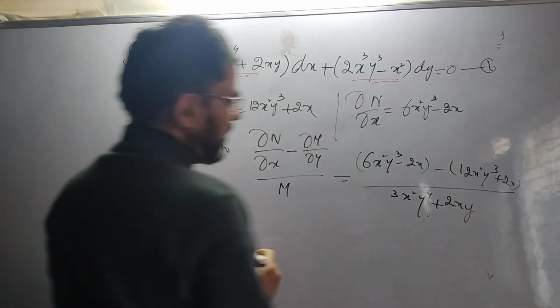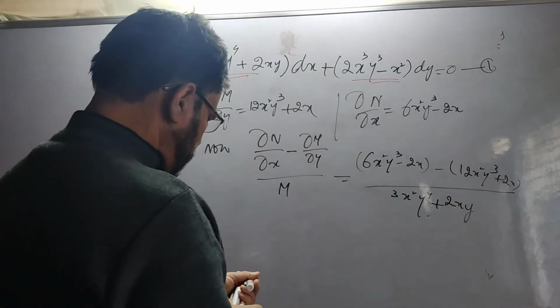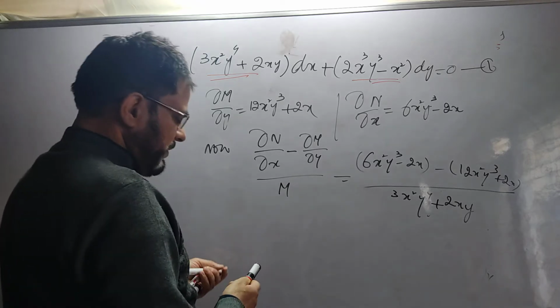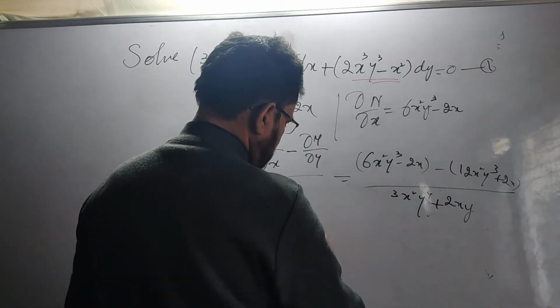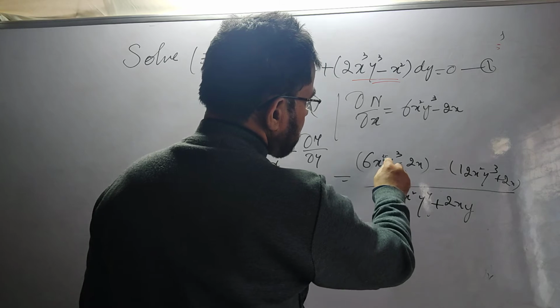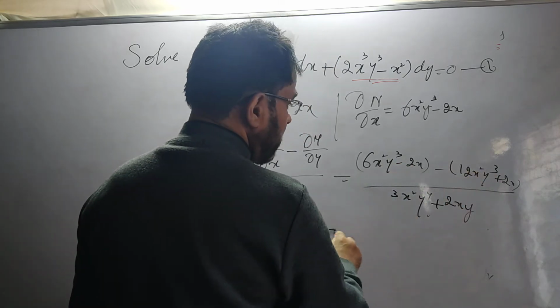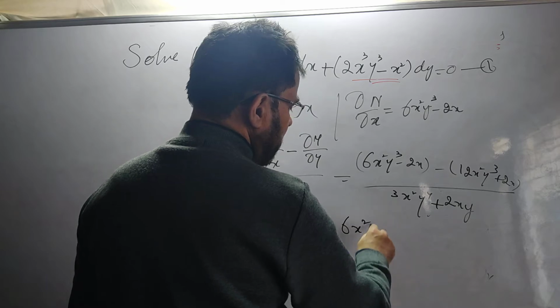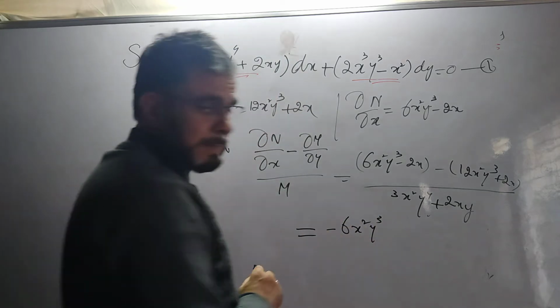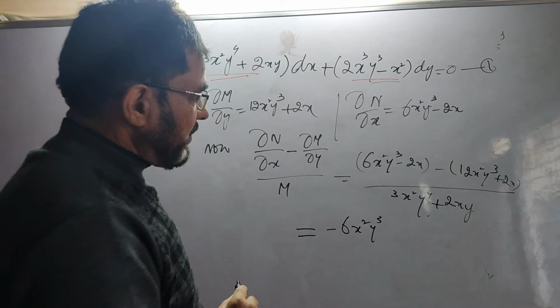Let us see what this comes out to be. This is 6x²y³, minus 12x²y³, it will be minus 6x²y³.